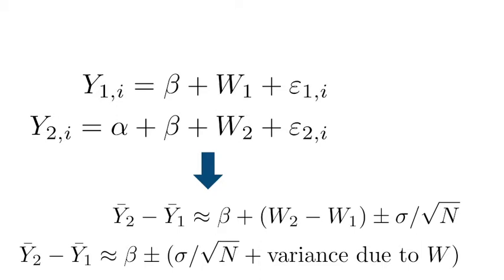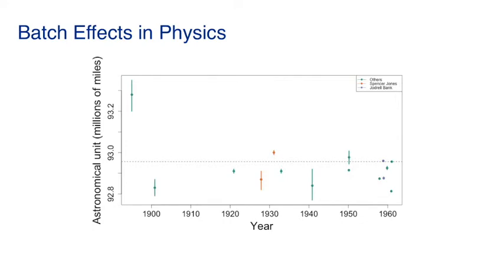Well, here's an example from physics from a long time ago. These are the published measurements of the astronomical unit, published with confidence intervals. So there's the estimate, and there's the confidence interval. There's a paper from 1972 that talks about this.